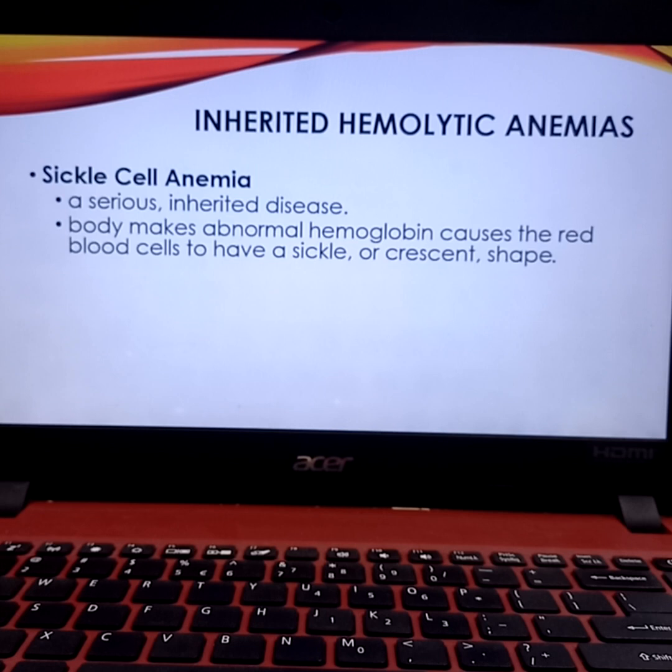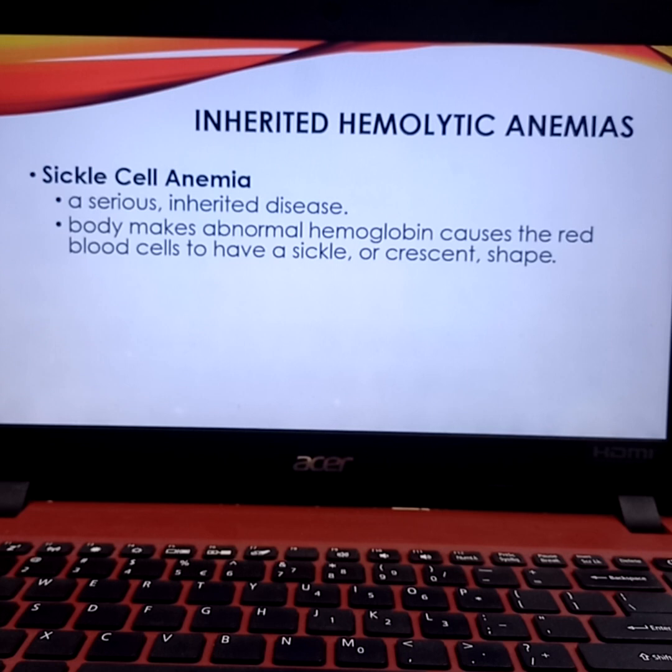The problem with this condition is that since the red blood cell has an abnormal shape, there is a possibility that it will get stuck in capillaries or small blood vessels and occlude the area, preventing blood from flowing to where it is needed.